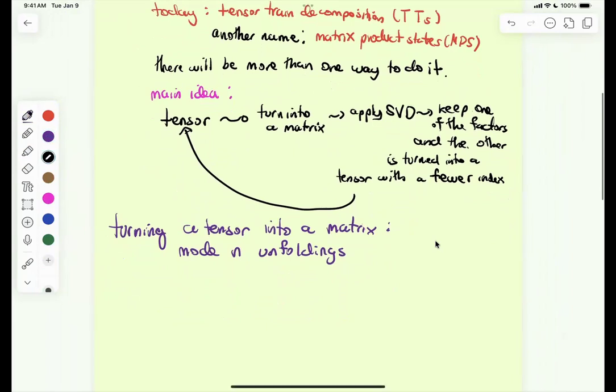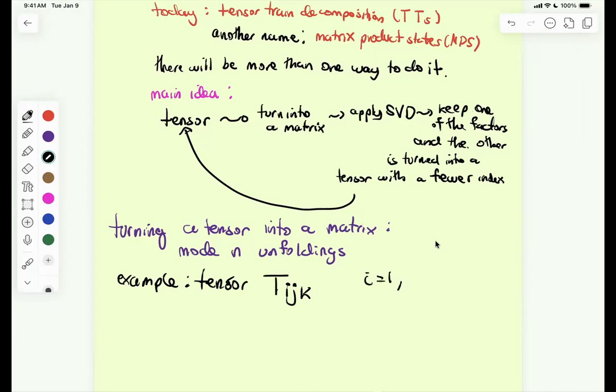So here's an example. I'll have a tensor T_ijk. It's going to have, just to have some small numbers, I can only take two values. So I is going to be 1 or 2.